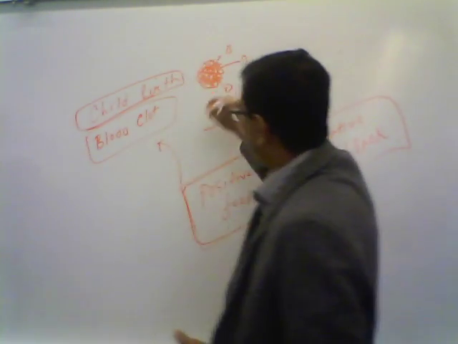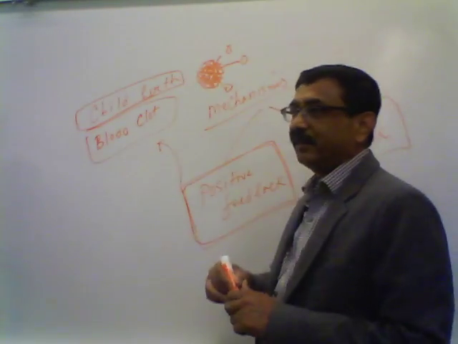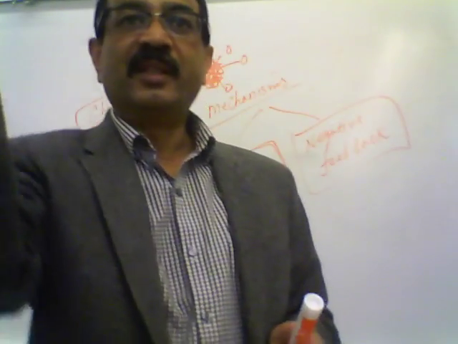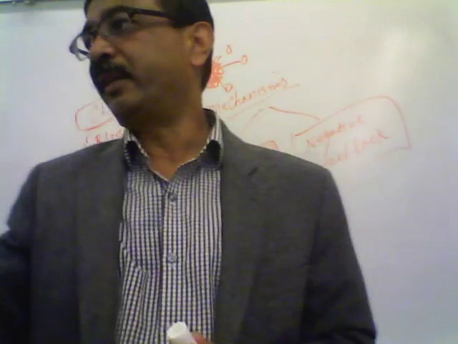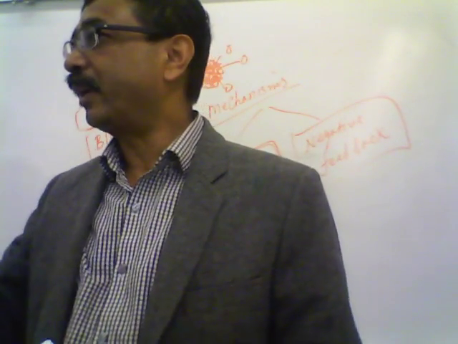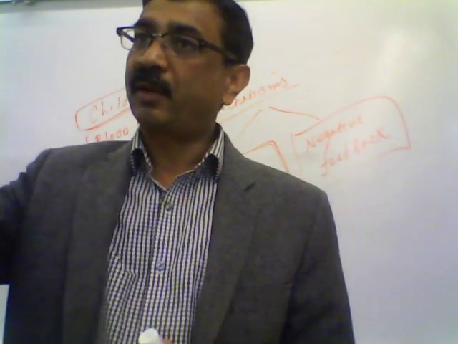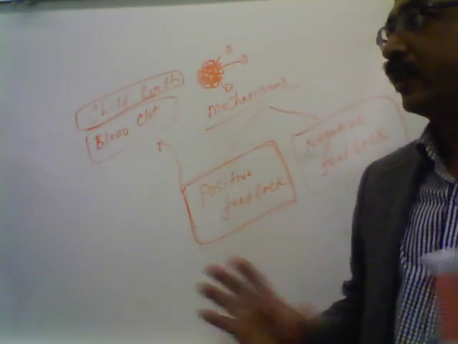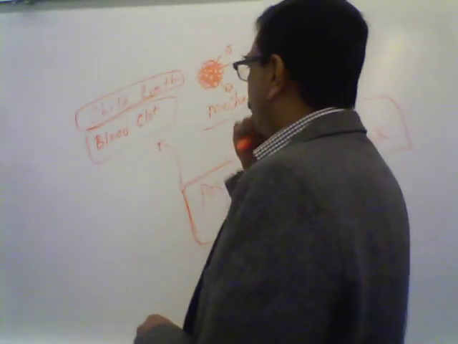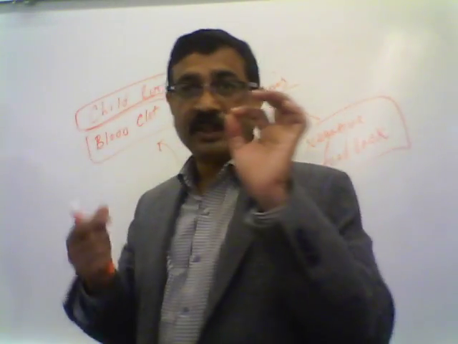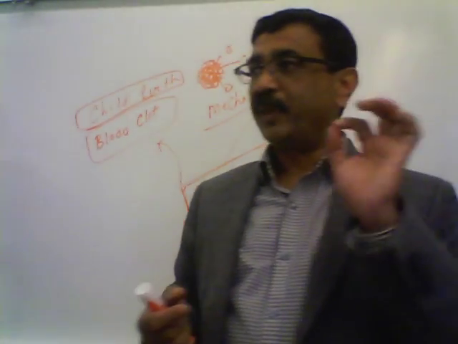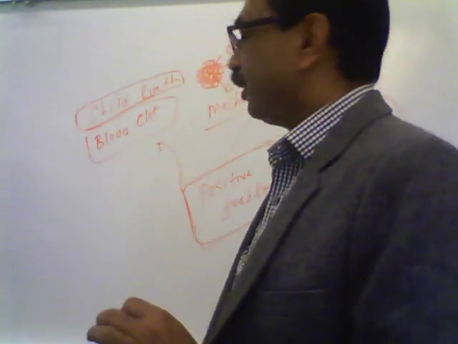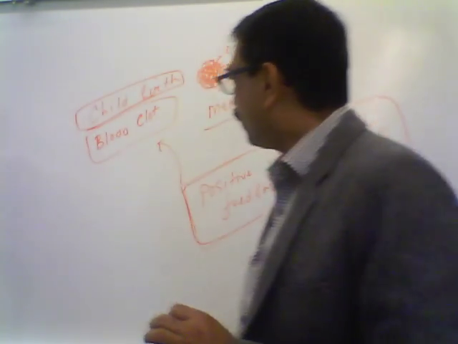So here you again see the size is increasing, right? So that is another example of positive feedback mechanism, and will continue until the clot is established or formed. Then when clot is formed, it will stop. To perform those specific functions or accomplish those specific tasks, positive feedback works.